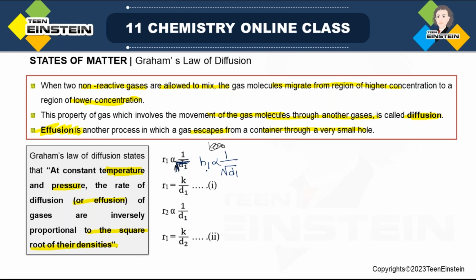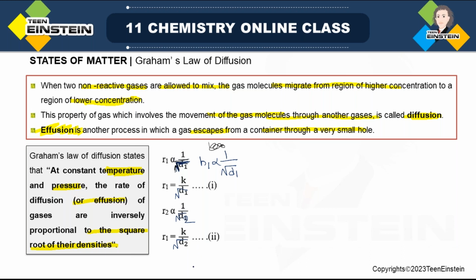If you remove this proportionality sign, you have to put a constant K. This is equation number 1. Similarly, for the second gas also, R2 is proportional to 1 by root over D2. If you remove this proportionality sign, you will get a constant, K by root over D2.